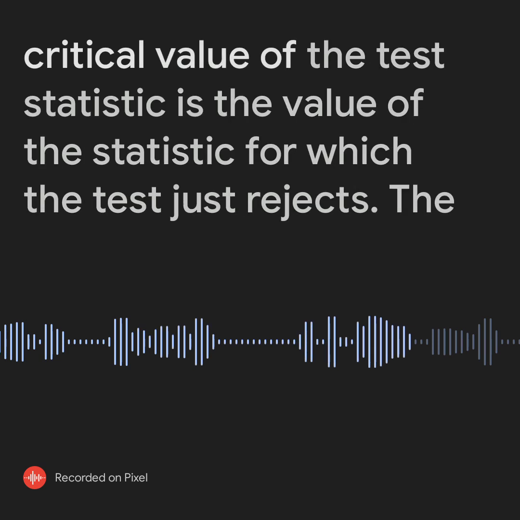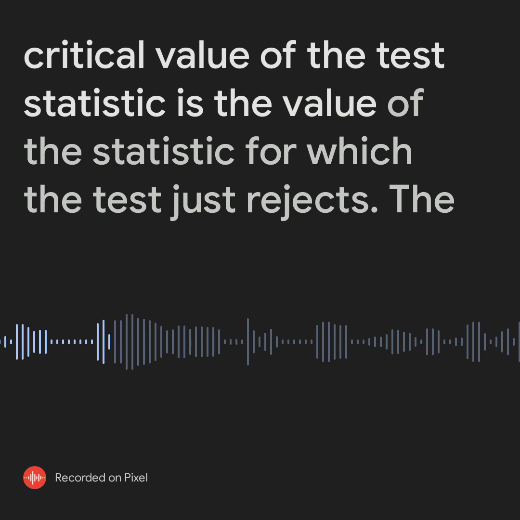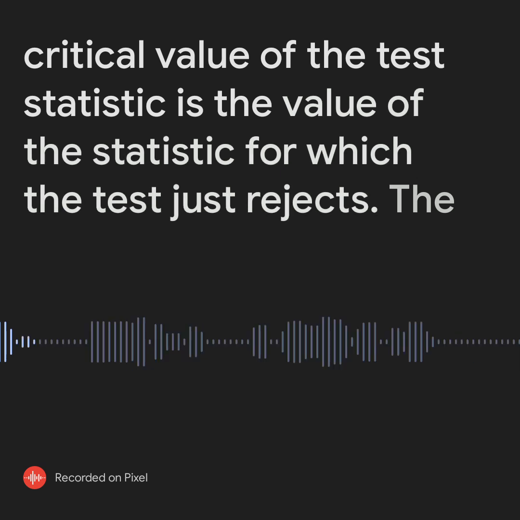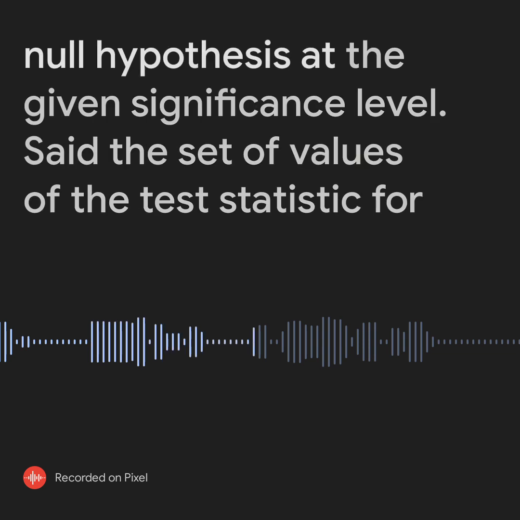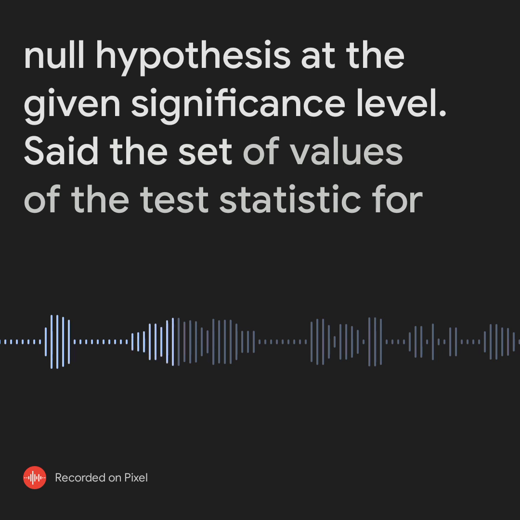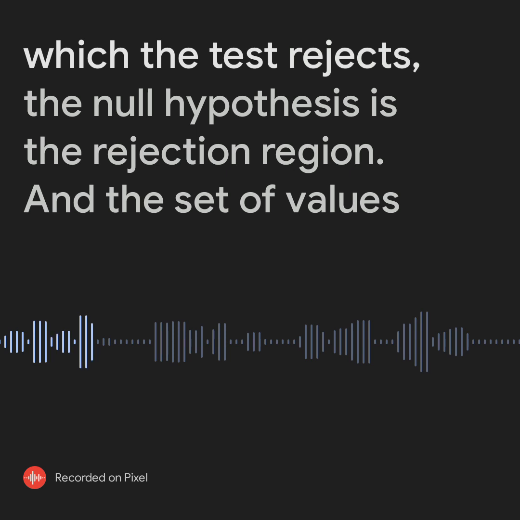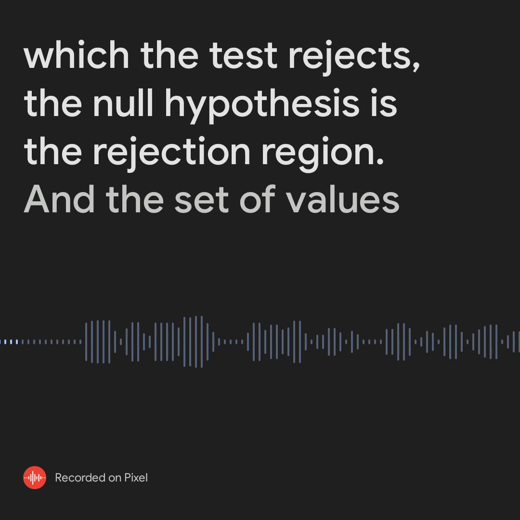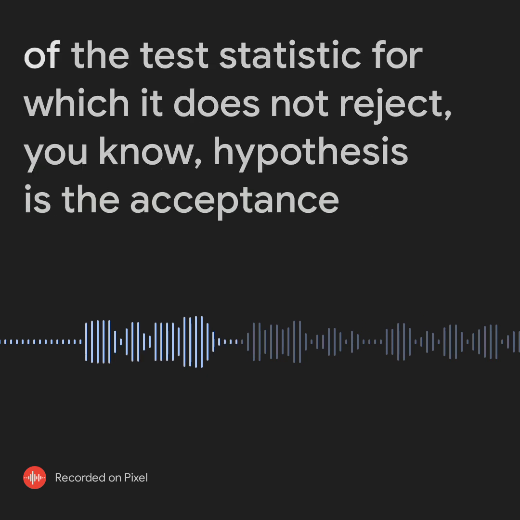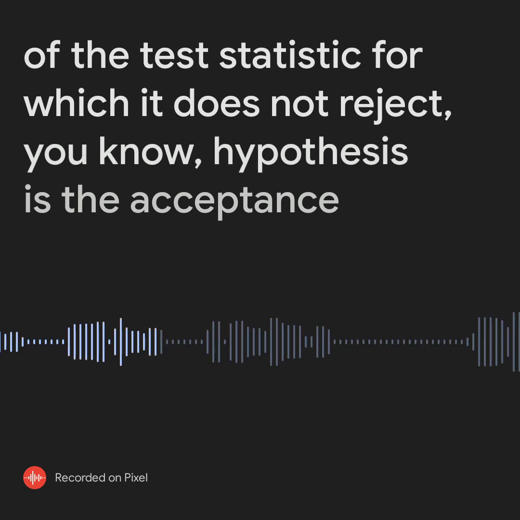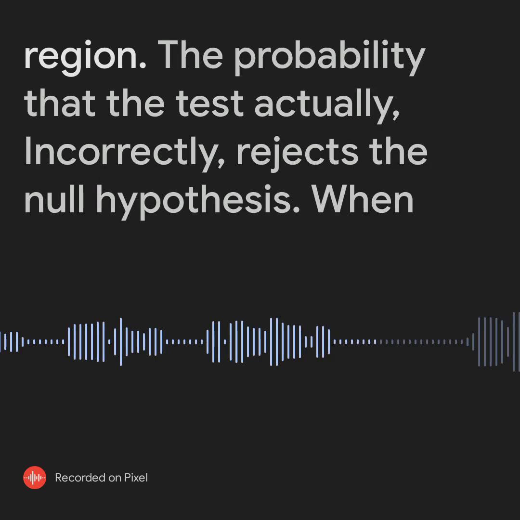The critical value of the test statistic is the value of the statistic for which the test just rejects the null hypothesis at the given significance level. The set of values of the test statistic for which the test rejects the null hypothesis is the rejection region, and the set of values of the test statistic for which it does not reject the null hypothesis is the acceptance region.